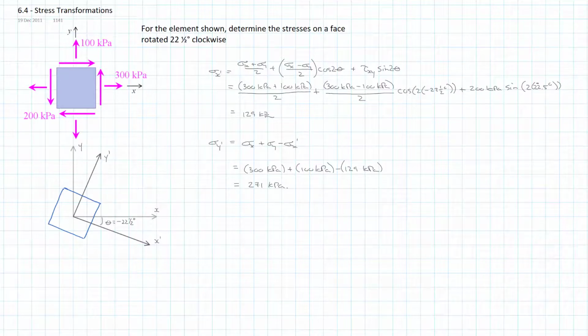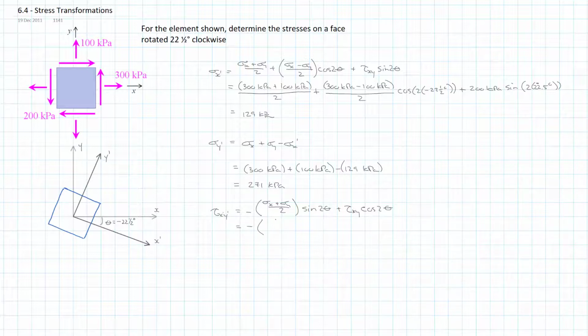The last thing we need to know is what our shear stress is at that orientation, tau x prime y prime. We have a formula for that, no surprise there. We have sigma x minus sigma y divided by 2 multiplied by sine 2 theta, plus tau xy cos 2 theta.